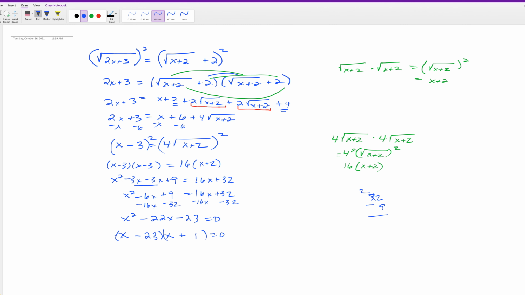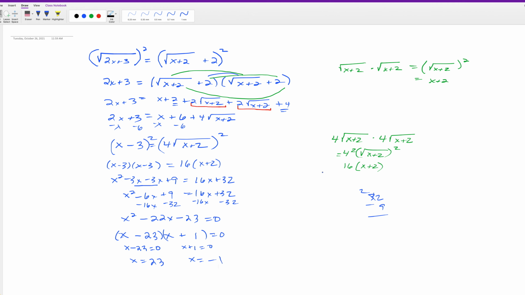So negative 23 and positive 1 will give me negative 22, and negative 23 times positive 1 will give me negative 23. Bingo. Okay, so now I have x minus 23 equals 0, x plus 1 equals 0, so x equals 23, and x equals negative 1.